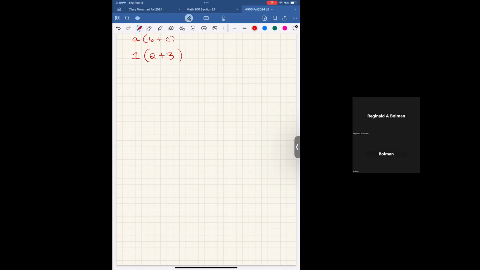What this is telling you to do, if we recall that a number out in front of the parentheses is the same thing as multiplication, is this is saying one set of 2 added with 3. What does that look like? Well, here's my one set. It's just a bubble. It's one of something. What is that something? That's 2 and 3. That's what it looks like.